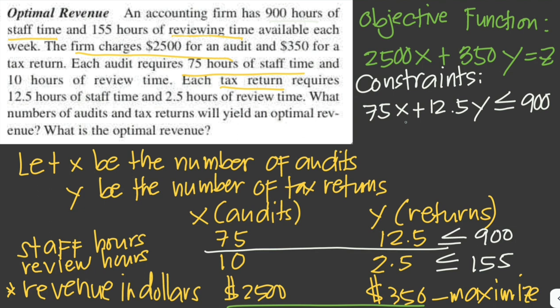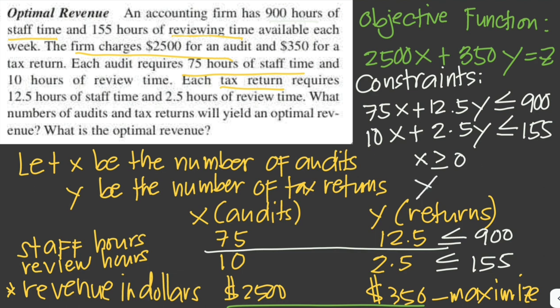This is for the staff hours. And then for the review hours or review time, it will be 10x plus 2.5y less than or equal to 155. And then we don't forget our non-negative constraints. It would be x greater than or equal to 0 and y greater than or equal to 0.